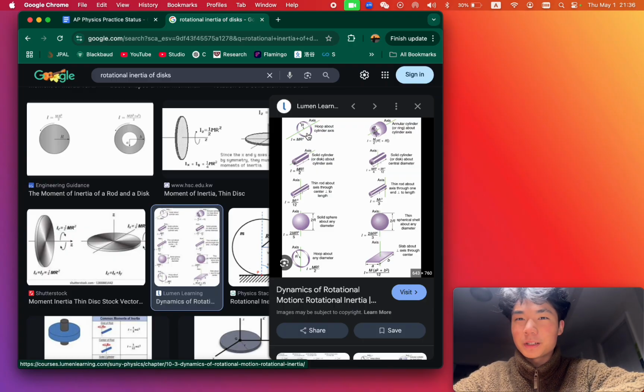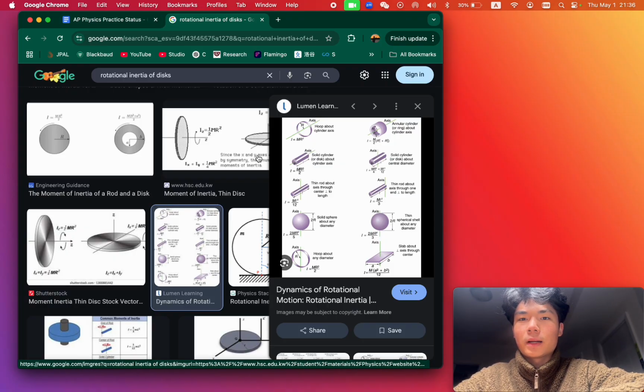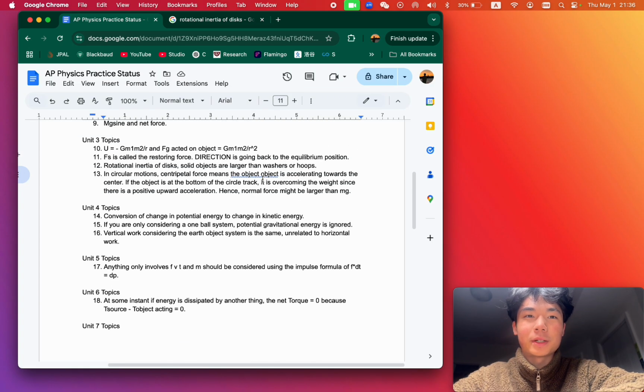Yeah, the ring is bigger because the mass is distributed on the outer layer. The size is smaller, but the mass is the same, so its rotational inertia is larger because there's more mass distributed on the outer layer. Whenever your mass is distributed on the outer layer, that requires more torque. That's why inertia is larger. So that's something good to remember.